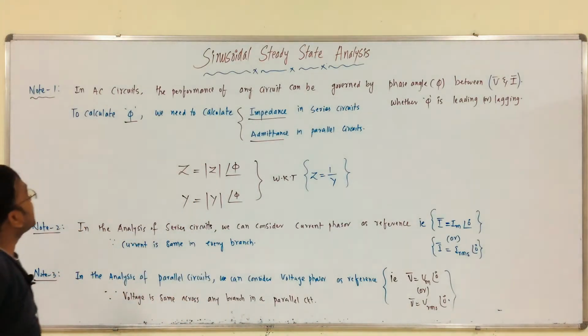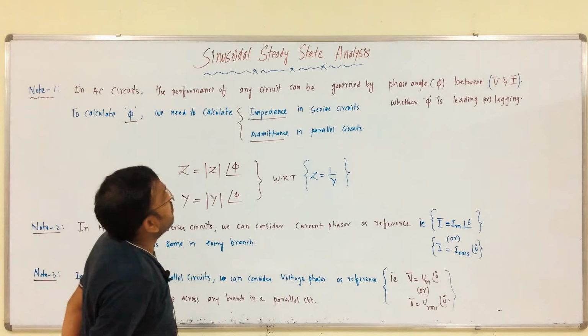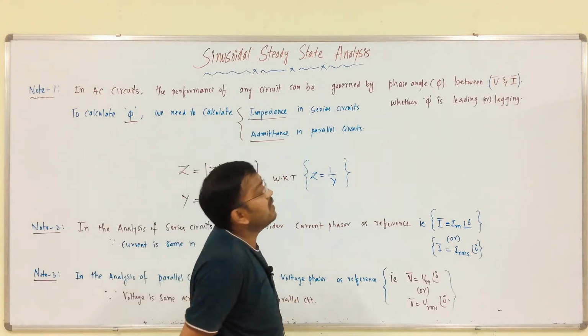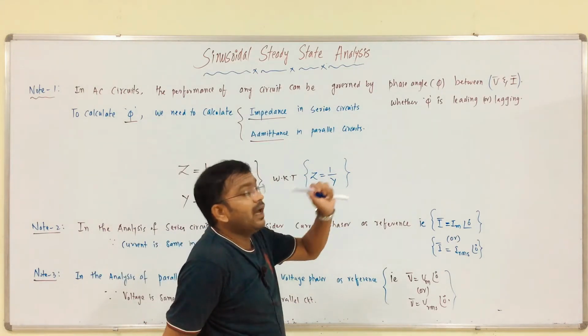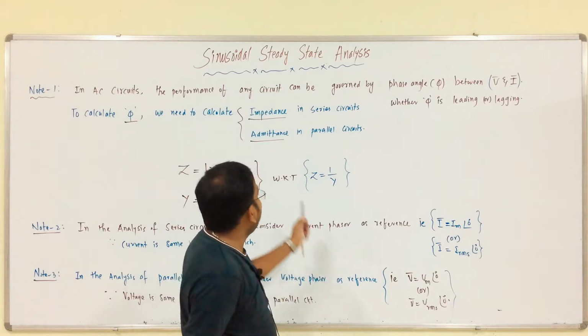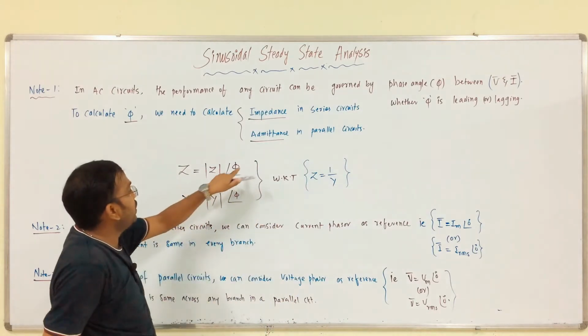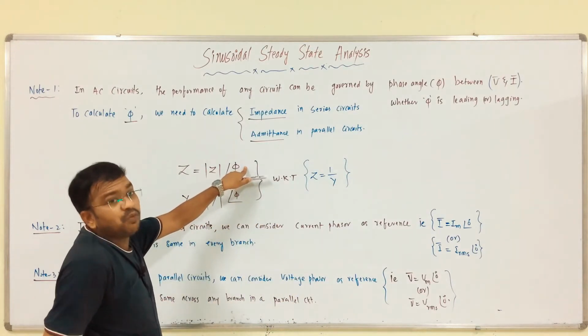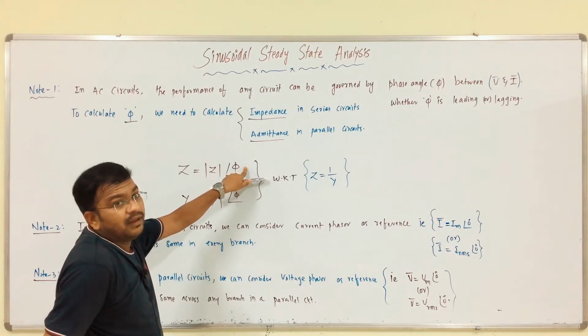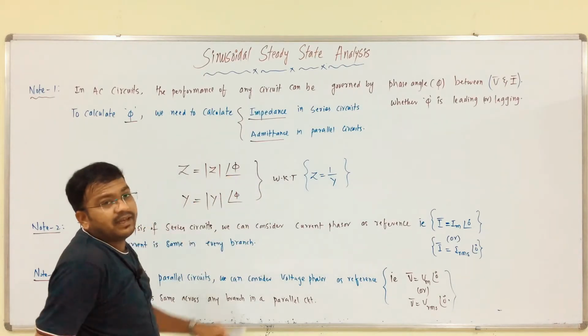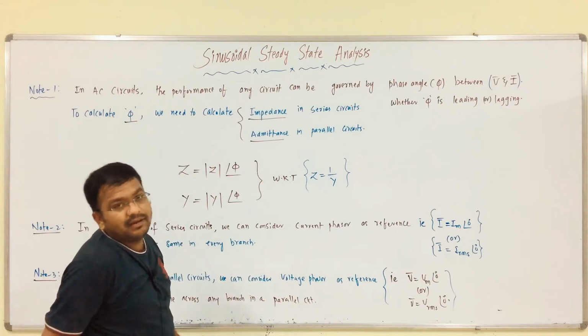See, in AC circuits, the performance of any circuit can be governed by phase angle between voltage and current, whether it is leading or lagging. So, after calculation of, for example, impedance, if we get a negative angle, means what? That is lagging angle. If we get a positive plus phi, means that is leading angle.